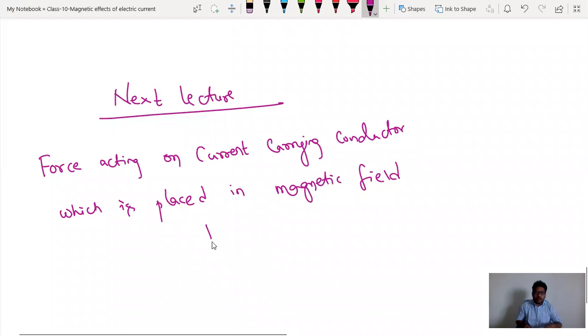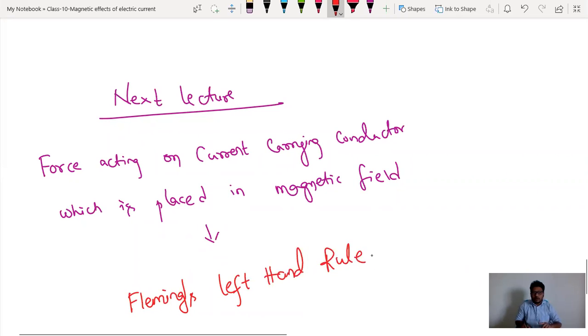So here we are going to learn one important topic, that is Fleming's left hand rule. You are familiar with the right hand rule. Now we are going to see Fleming's left hand rule.